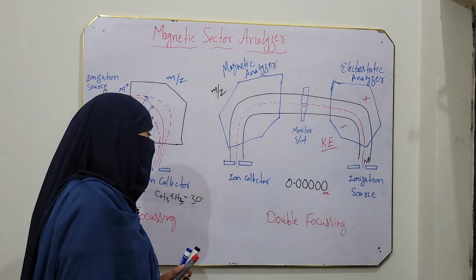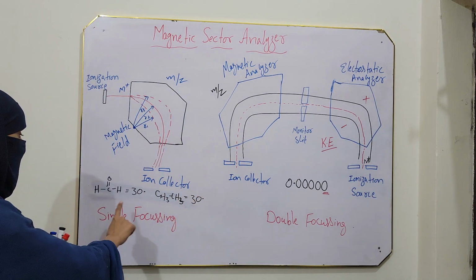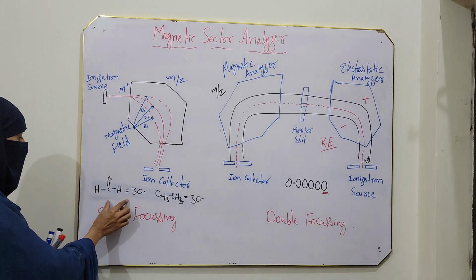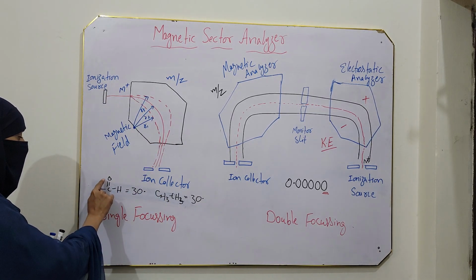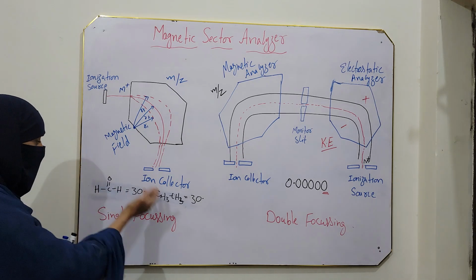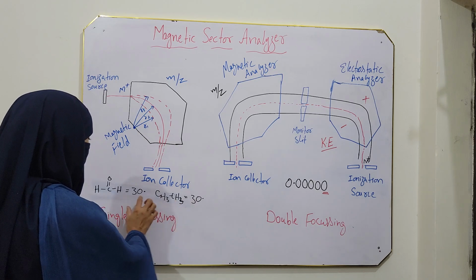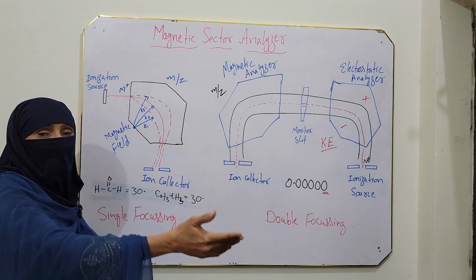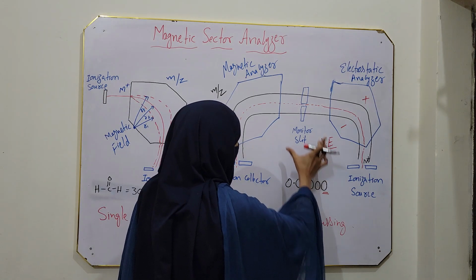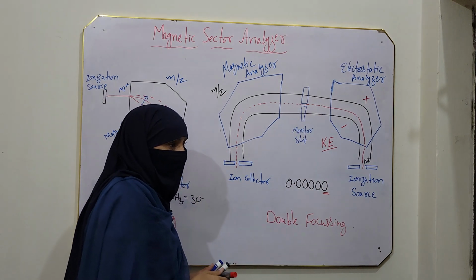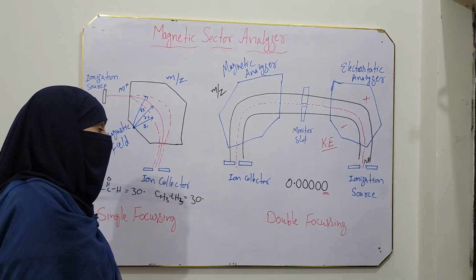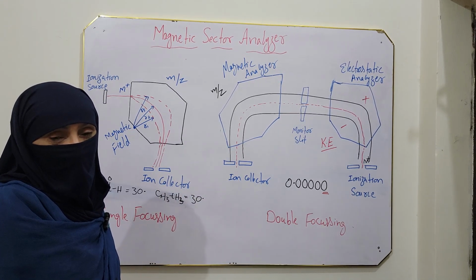It is a much more accurate mass, so you can easily separate these two compounds by double focusing, because when we put in the exact mass of carbon, oxygen and hydrogen, then their mass will not be 30, it will be 30 point something different. This difference is exactly detected by the double focusing analyzer, because it gives us the accurate mass of the compound up to the fifth decimal point.